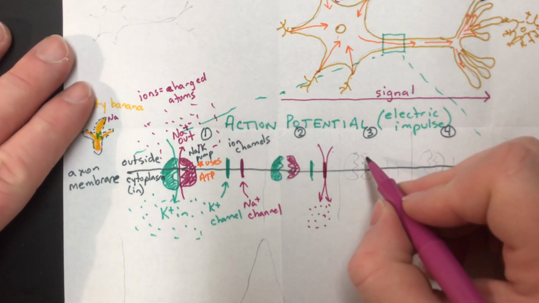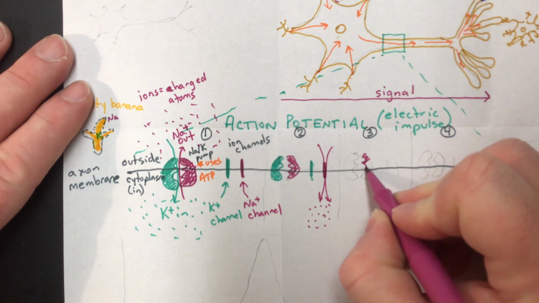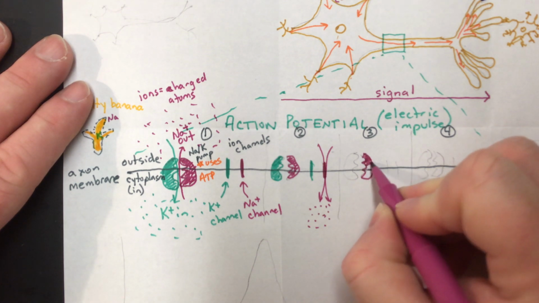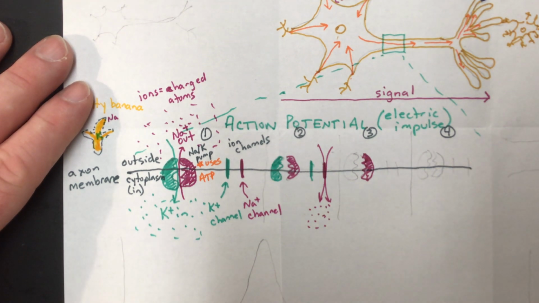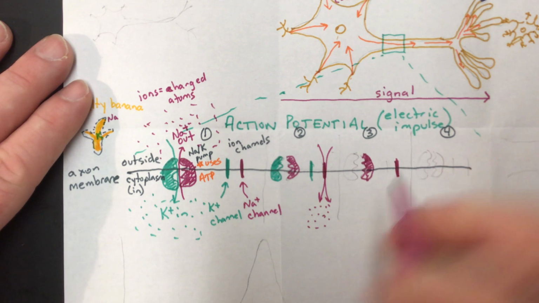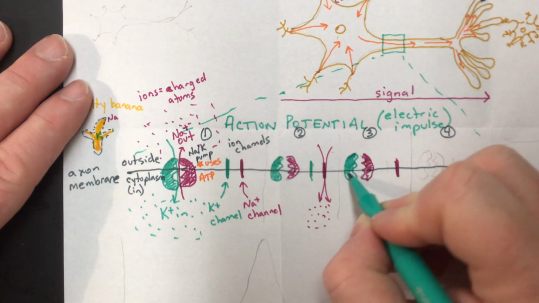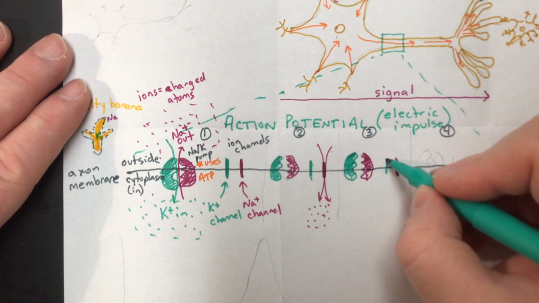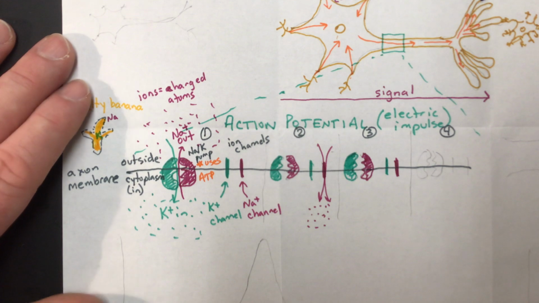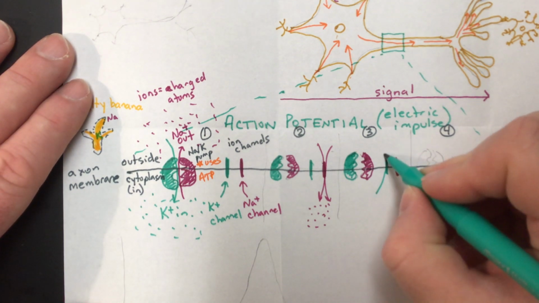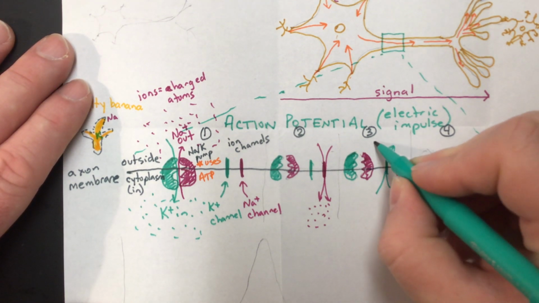Step 3, we're thinking about the same players here, but the one that's active is going to be different. It's going to be our potassium channel that's sending potassium out.